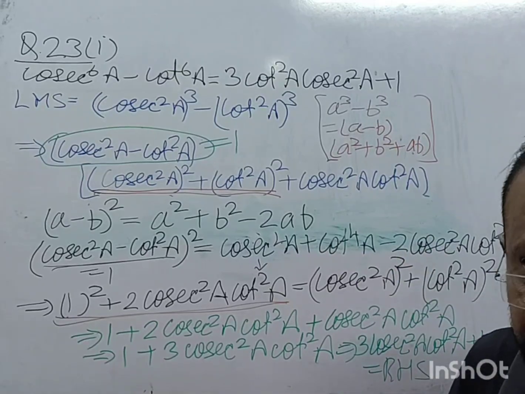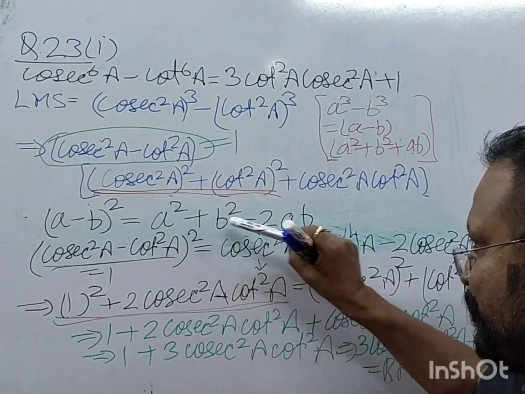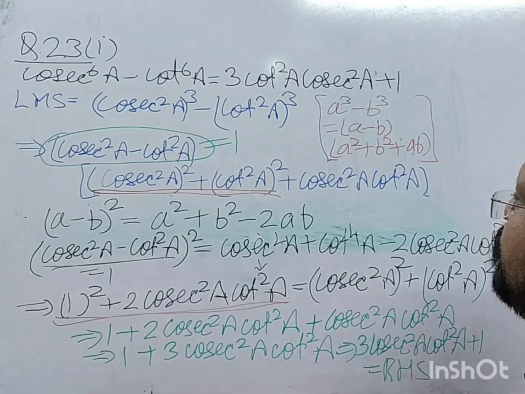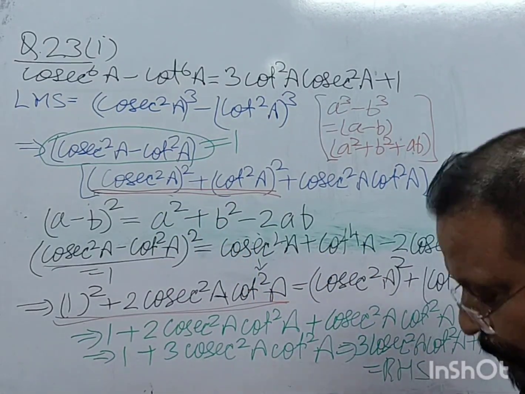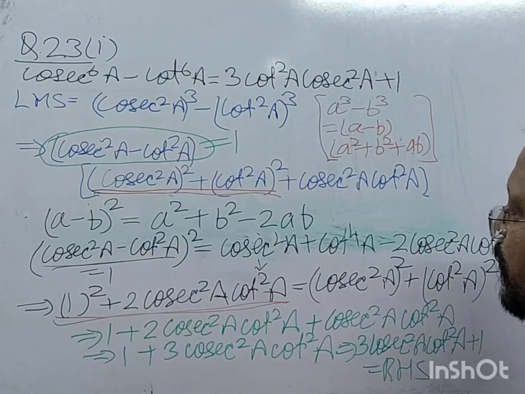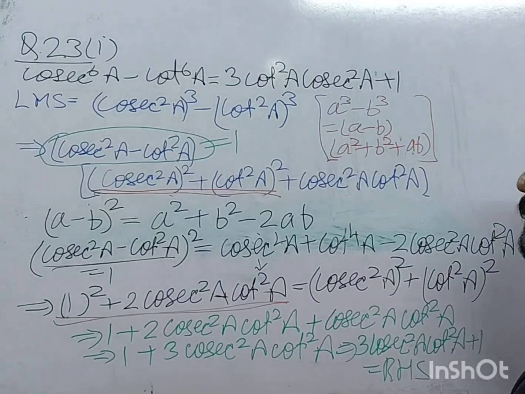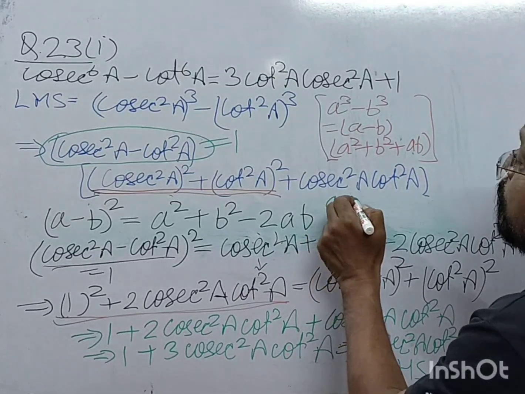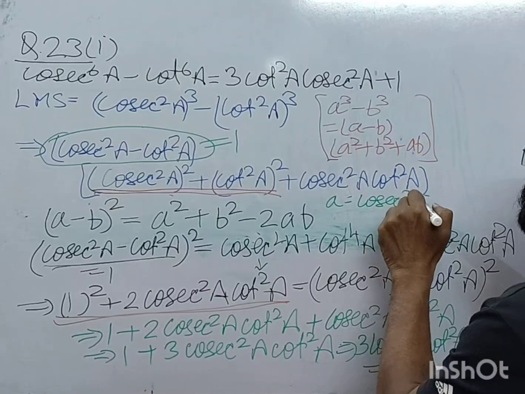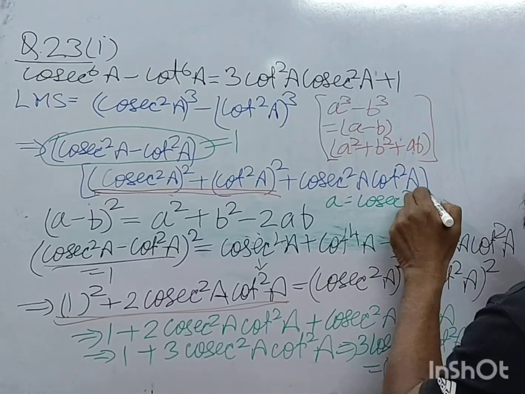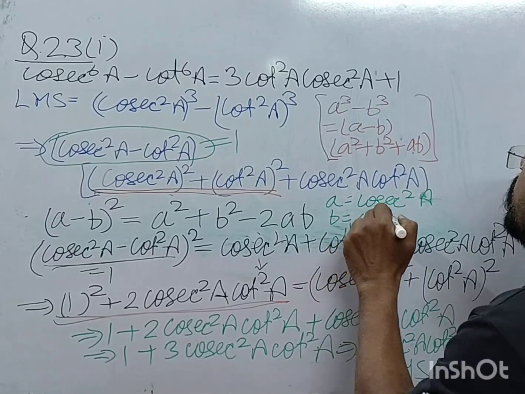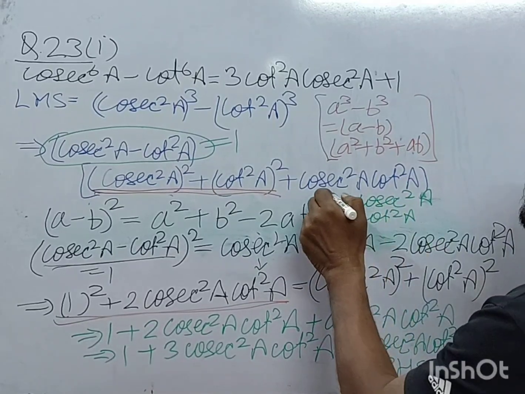You get this? So here you have to apply this logic, a plus b cube, then transfer, then put the value. So here you can say we have taken a is equal to cosec square a and b is equal to cot square a, right?